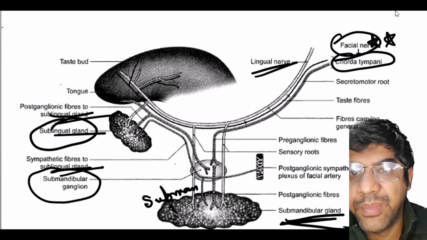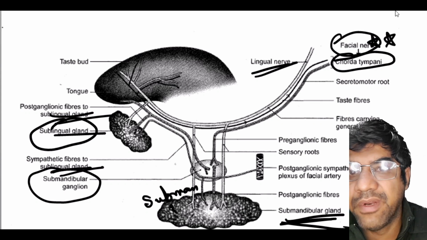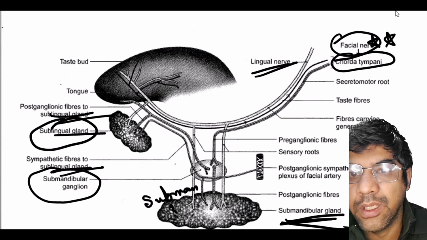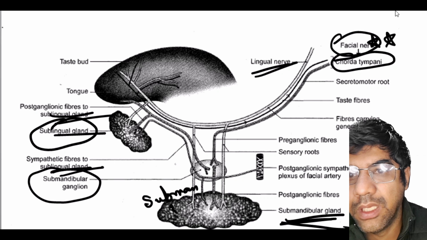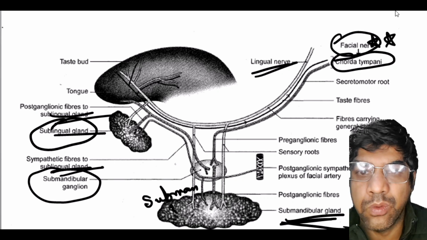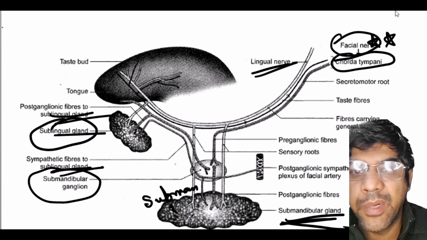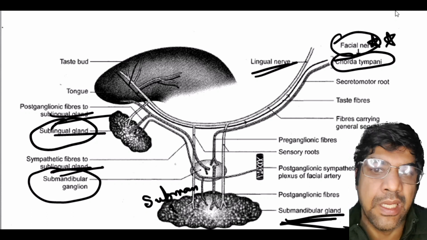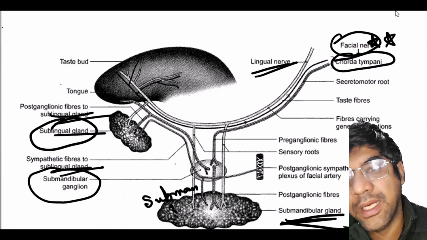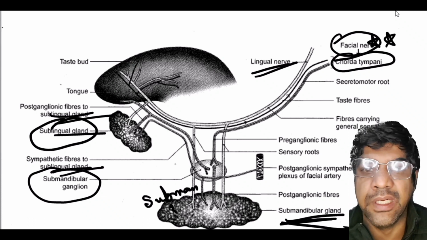So in simpler terms, the sublingual salivary glands are the smallest among all the salivary glands, situated beneath the mouth mucosa. They have multiple ducts opening into the floor of mouth. The submandibular ganglion acts as a relay station for nerves controlling salivary gland function, and it is related to the lingual nerve and the facial nerve.